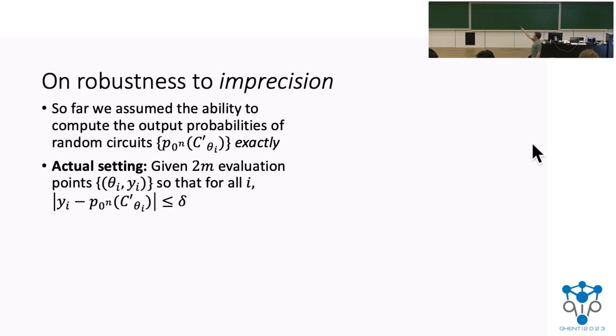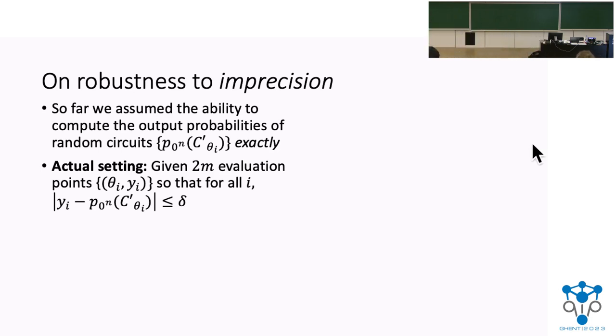So what we're actually given is 2m evaluation points, which I'm going to think of as pairs theta i and y i, with the property that for all i, this ith evaluation point delta-approximates the output probability of the ith circuit. Okay? So in other words, in the prior discussion, when we were talking about Lipton's argument and how to adapt it, we were assuming delta was 0. Okay?